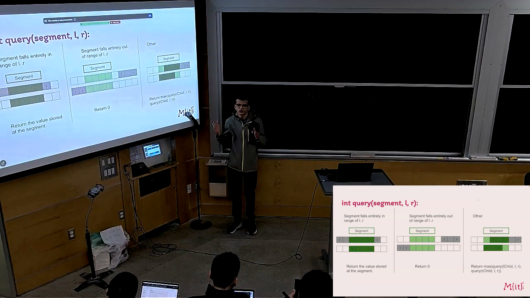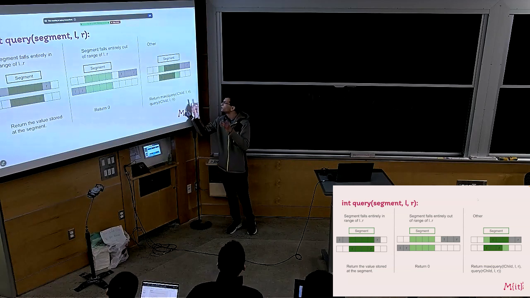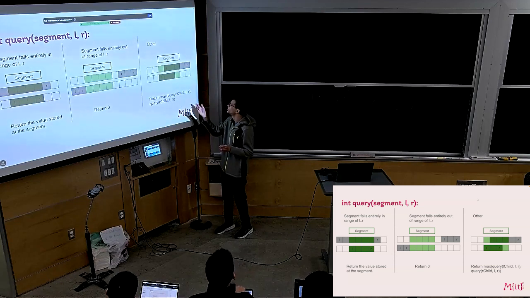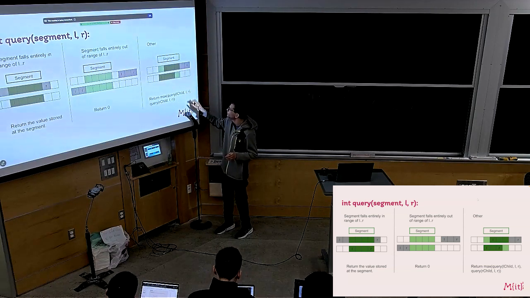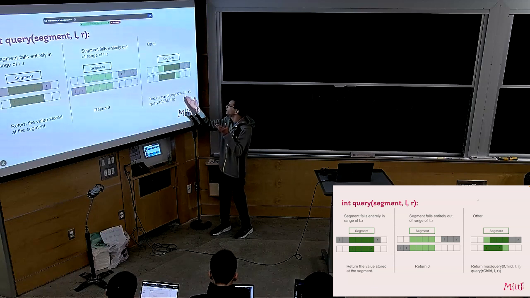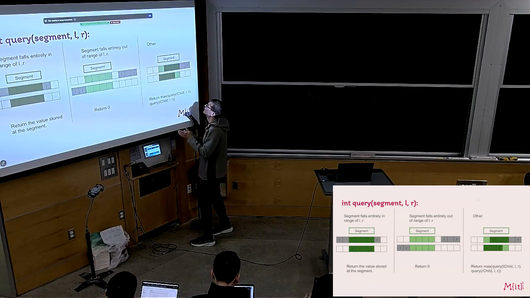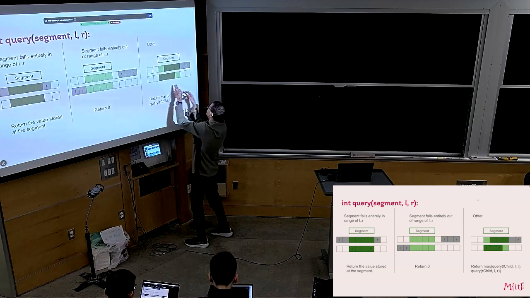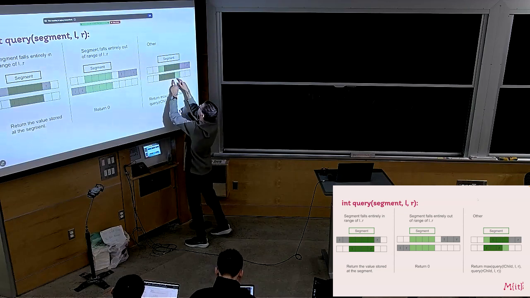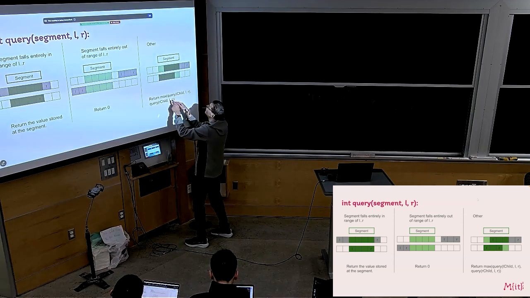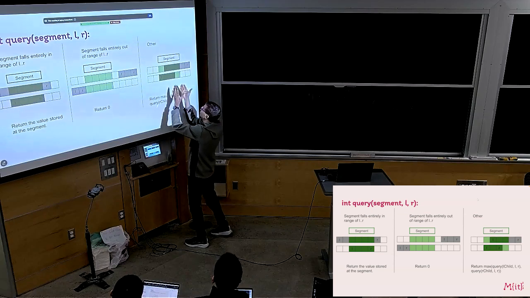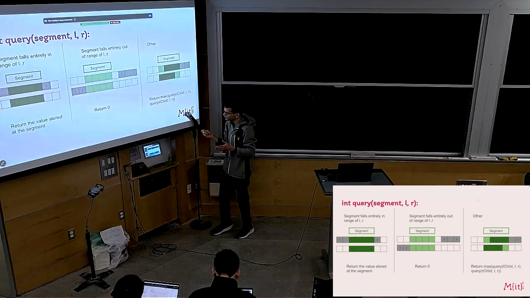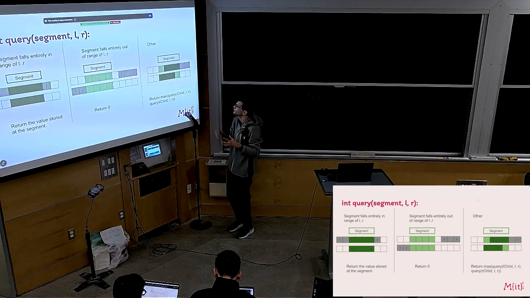This is where it's important to think about how I define my query function, because I define it to be the max of the intersection of one segment and the range. If I do this, it will work exactly, because I will compute the max of the first half of my segment, which is the left child, intersected with my range, and the right half of the segment intersected with L to R, which is the second half of my range, and then I combine those. That will just get me this segment intersected with L to R and the max of that.